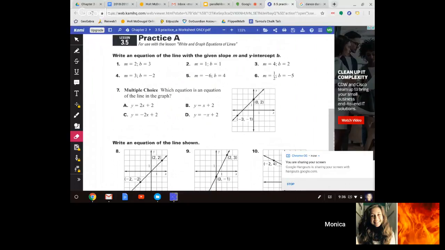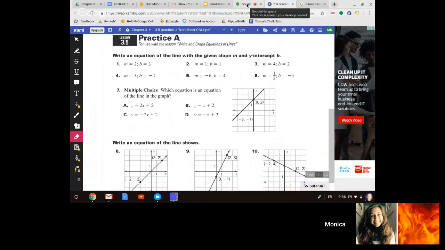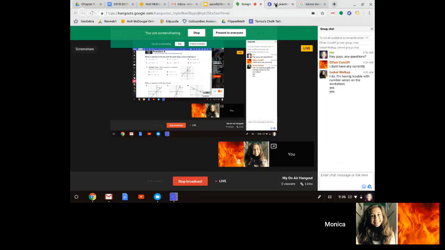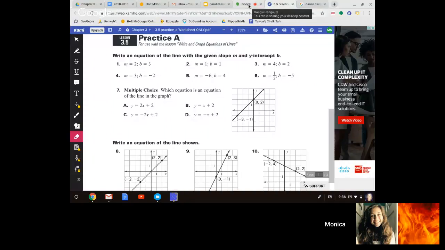If we look at this graph, can we figure out what the slope of that line is? Okay, yes, we can figure out the slope of the line. So what is the slope of that line?